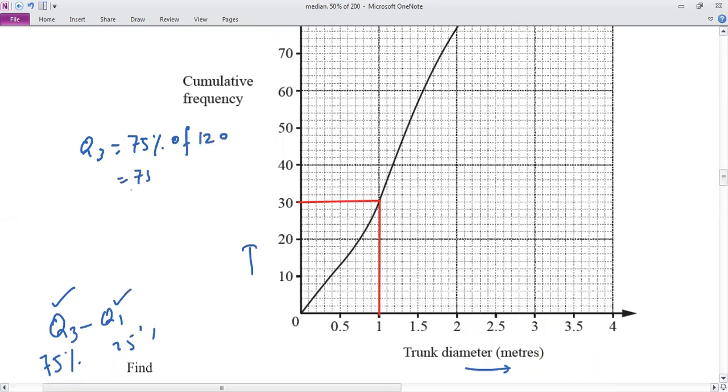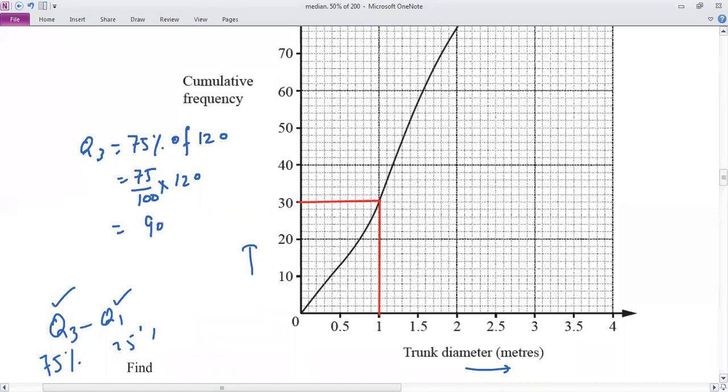So 75 over 100 times 120, what will it be? Calculate and let me know, please. 90. It means Q3 is 90.